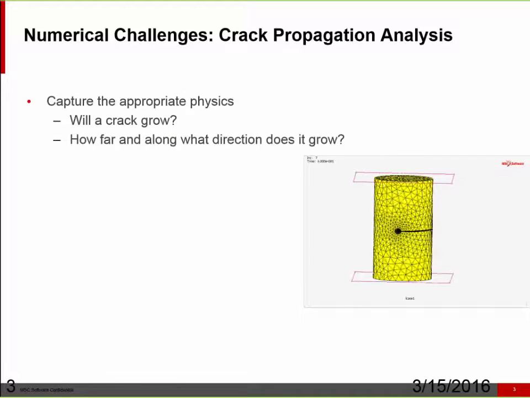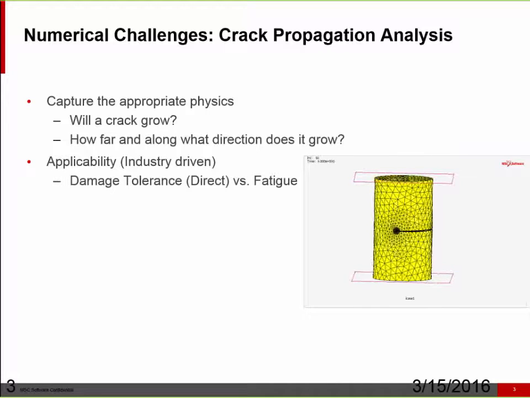When there is a crack in the structure, the first thing we might want to know is probably, will the crack grow? How far and along what direction does it grow? And for different applications, people might be interested in different types of crack propagation analysis.